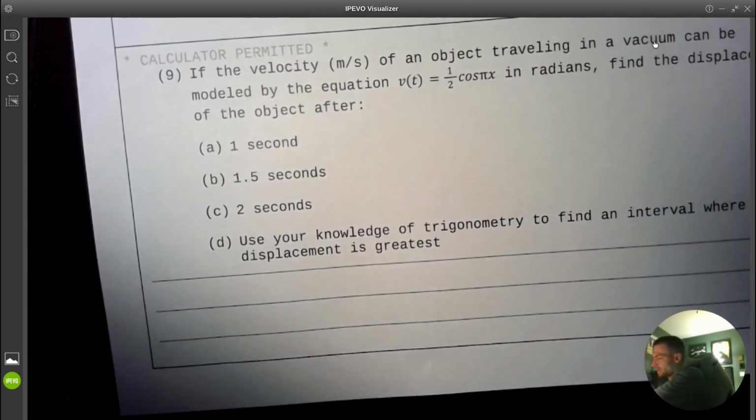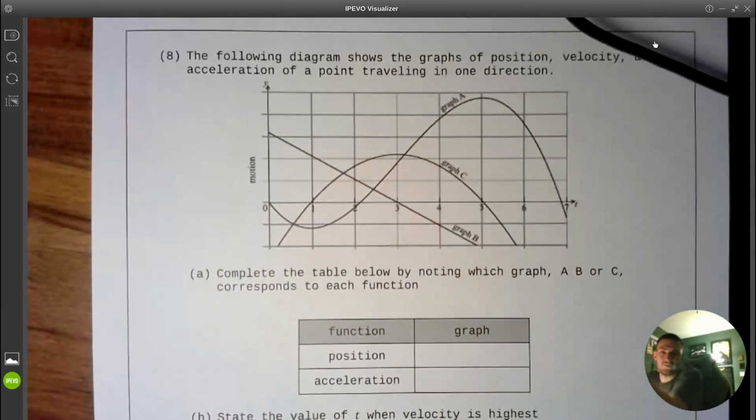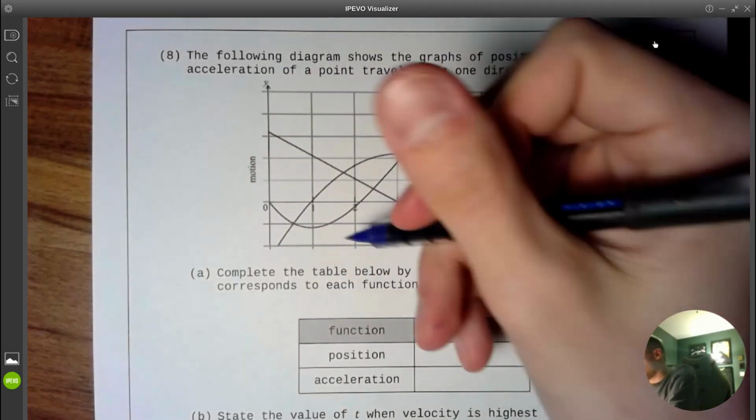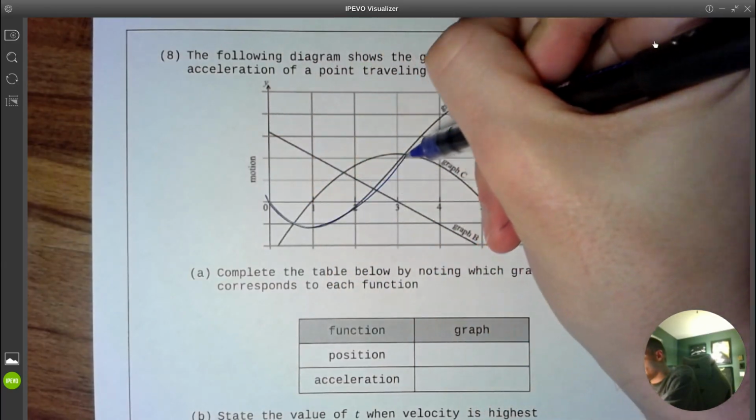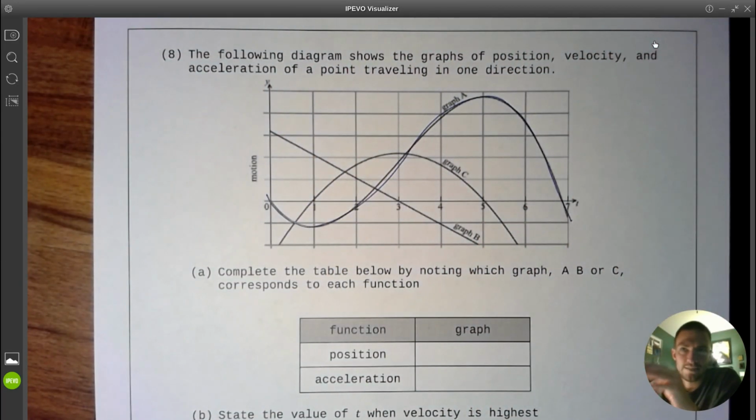Alright, 2 more pages. This actually looks pretty easy. The following diagram shows the graph of position, velocity, acceleration. Okay, this is super easy. I know that the way these work, position, velocity, and acceleration, is that as I take the derivative, we start at position and they degrade to velocity and then acceleration.